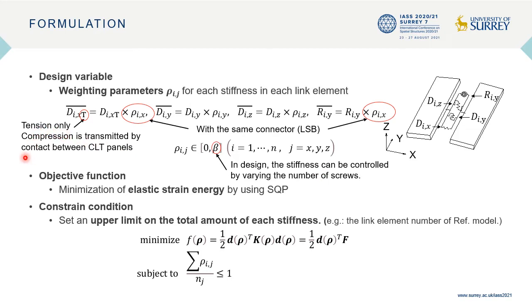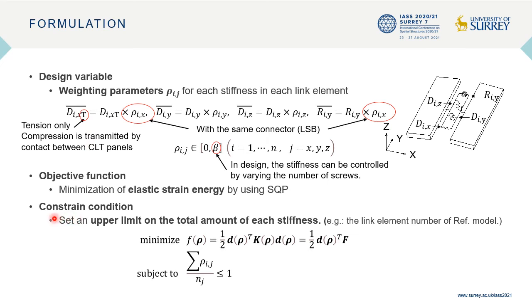Since compression is transmitted by CLT contact rather than LSB, only tension is considered for axial stiffening. And since the tension and the bending stiffness are transmitted by the same LSB, the same parameter was used.